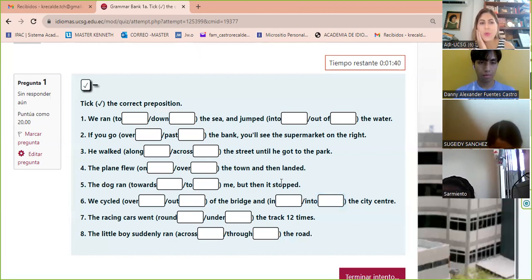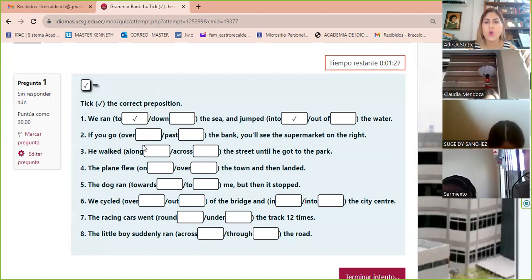Okay, let's see. Number 1, we run to the sea and jump into. Into. Okay, number 2, if you go past the bank. Past the bank. Okay, we will see. He walks along or he walks across.